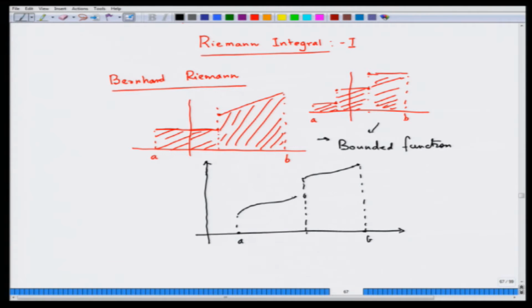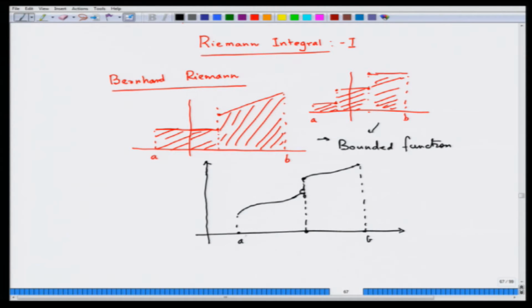The function comes up to here, but does not have any value at this point, which is C. So, how do I start integrating? What we do is, let us forget this C point for the time being. At C the value is this, so there is a discontinuity, but the function is bounded.